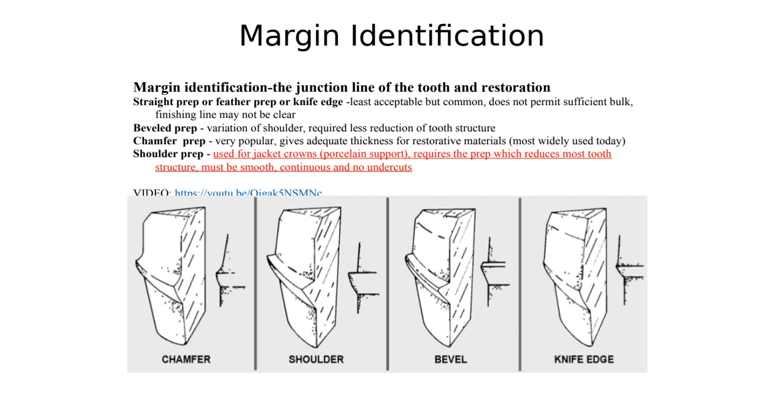The bevel and the knife edge margins are all a little bit similar in the sense that the margin is not so pronounced, like you see in the shoulder and the chamfer. Usually the knife edge or the bevel margins are used when the margin is placed under the gingiva, okay?